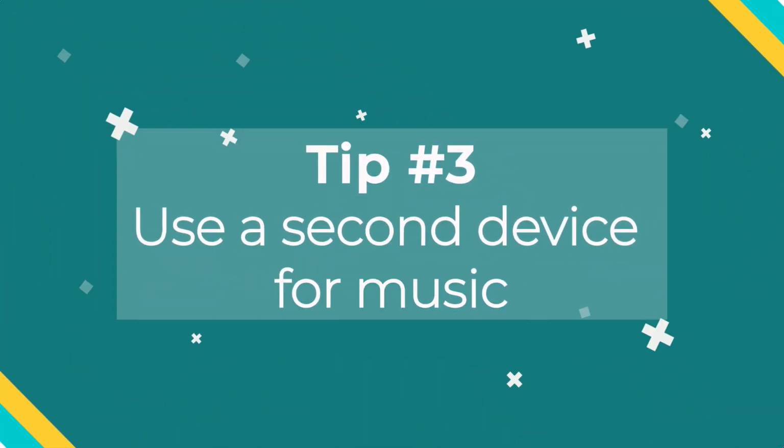Tip number 3, use a second mobile device for music. If you are a dance teacher or a Pilates teacher or a yoga teacher, anything that involves a music component, you might find that Zoom doesn't pick up music well enough for your students to hear it.